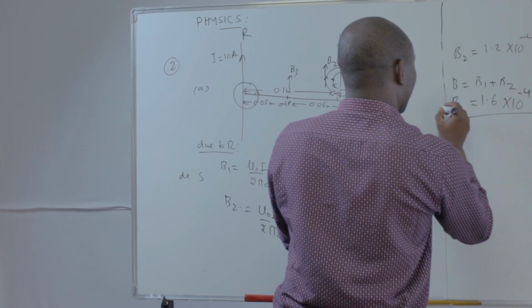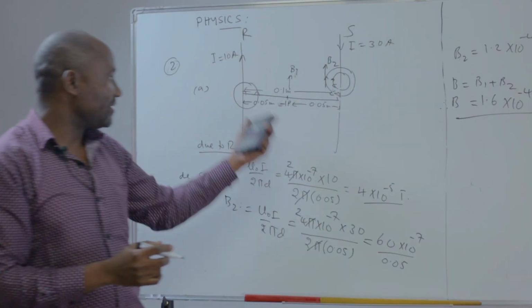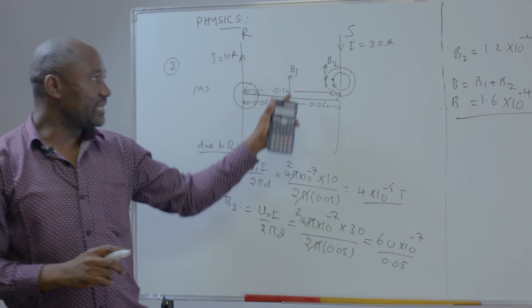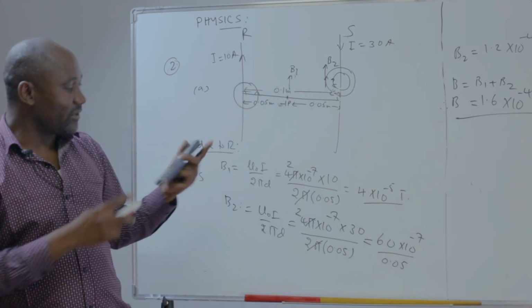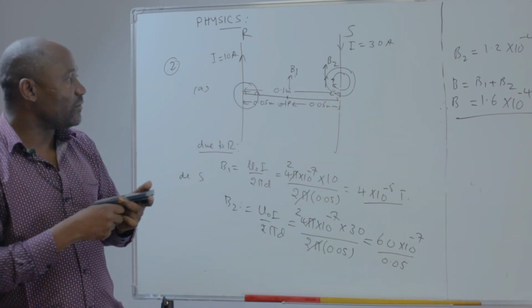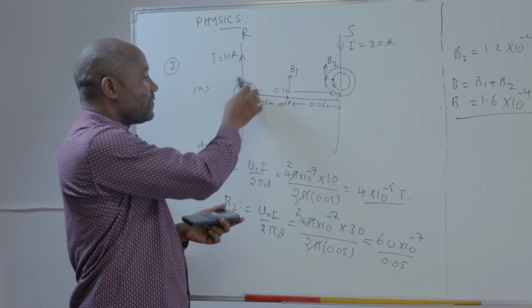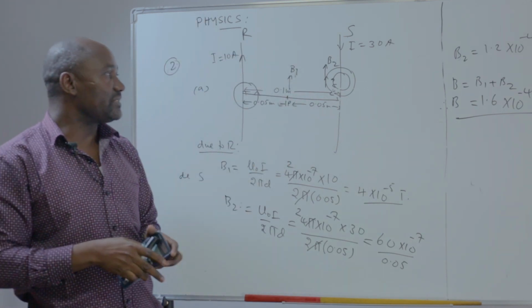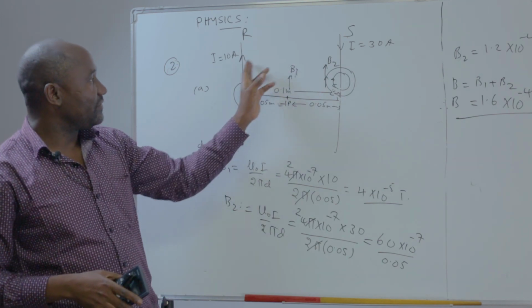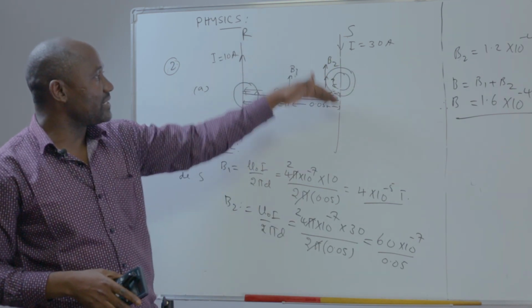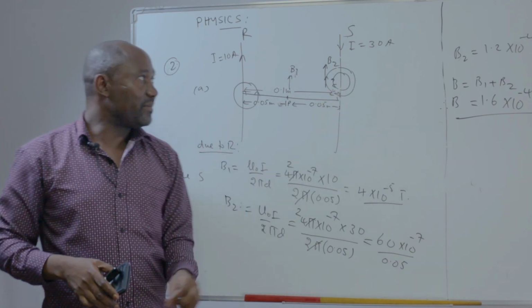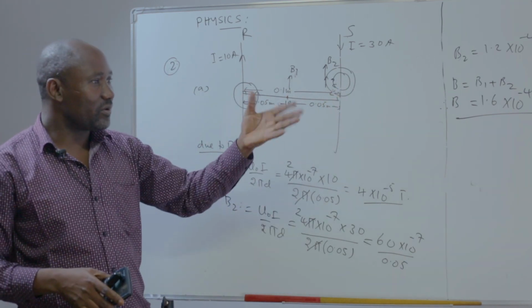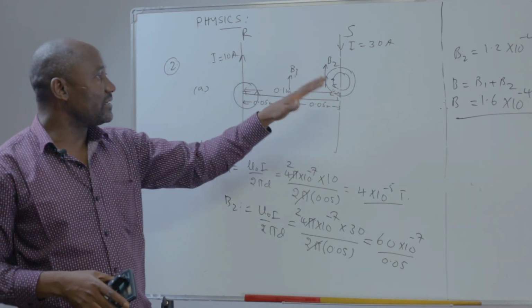And if the question is asking to find the direction, you can find the direction in which that B is pointing. And you can see now the meaning of this line of forces. By knowing how the lines of force are acting, you can know the direction of the magnetic flux density. And if the currents are moving in the same direction, the values will be changing. But here, this is the case where the question gives the currents in opposite directions.